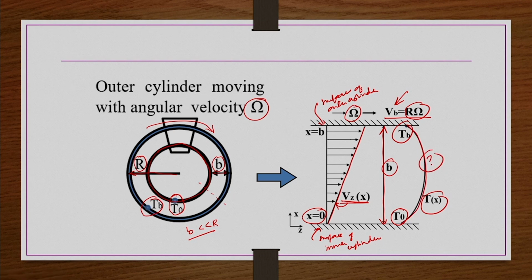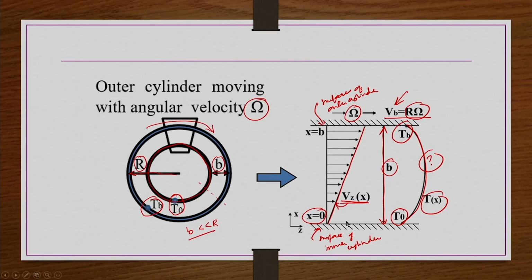But the nature of the velocity profile is given, it is linear. So, we have to find the slope and intercept of this linear profile. Since we have two boundary conditions, at x equal to 0, V z is equal to 0, and at x equal to b, V z is equal to V b or R omega, we can find those constants anyway.